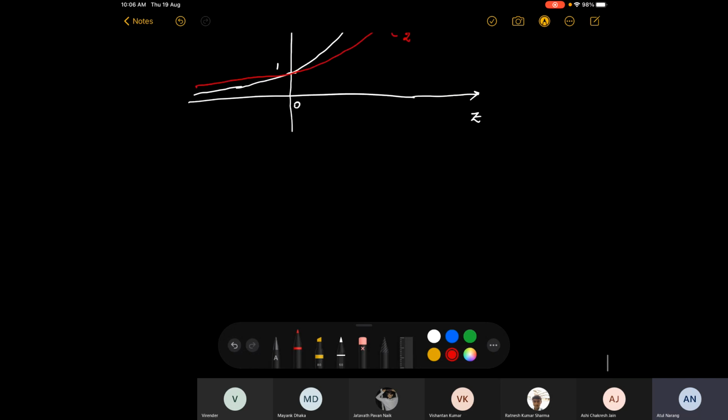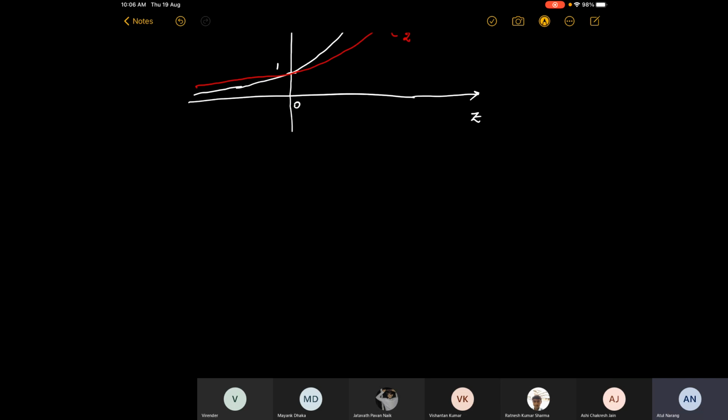And why is that the case? That is the case because e to the power z is equal to 2 to the power z divided by log of 2 to the base e. This relationship is always true for all z.